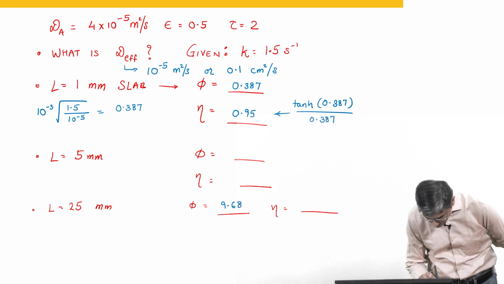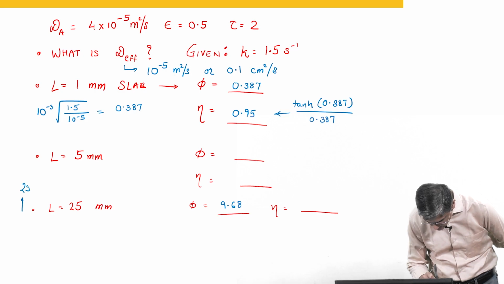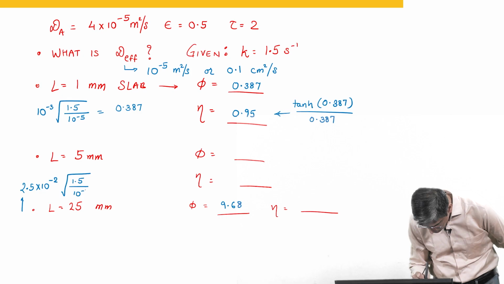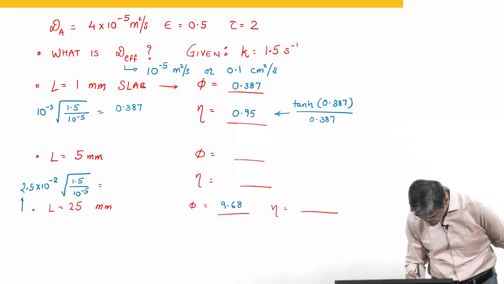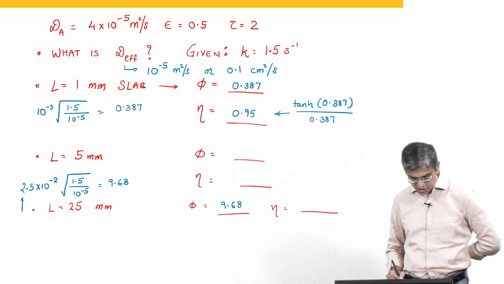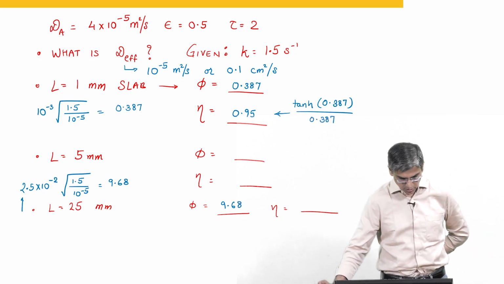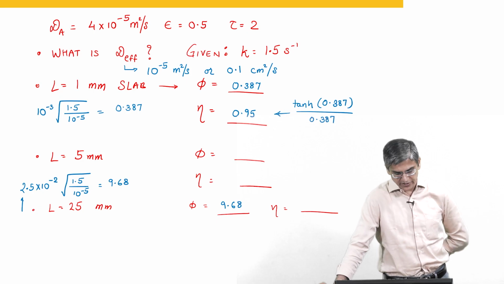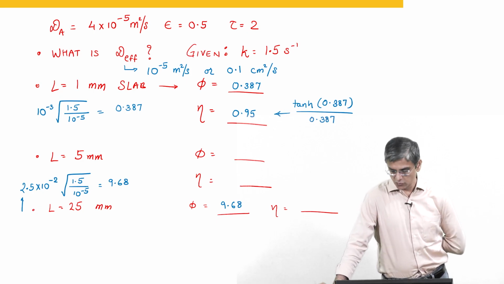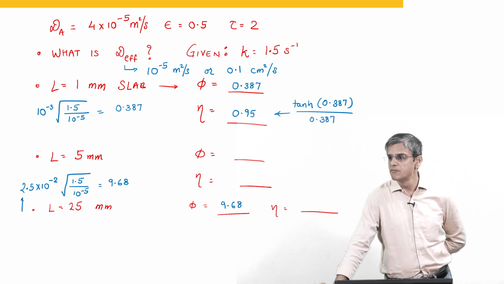For the 25 mm pellet, it is going to be 0.387 multiplied by 25, right. What is the value of eta equal to? Calculate by tanh phi divided by phi.